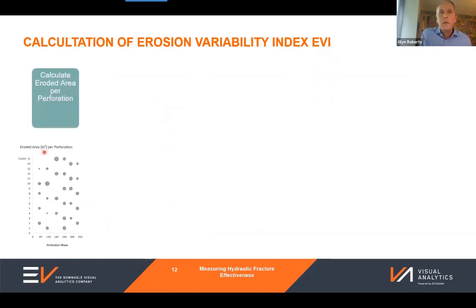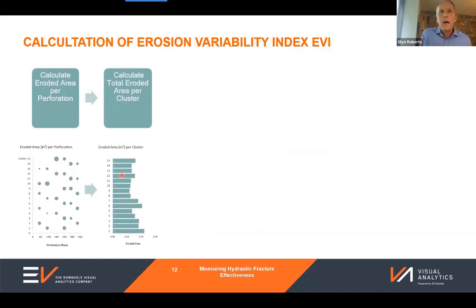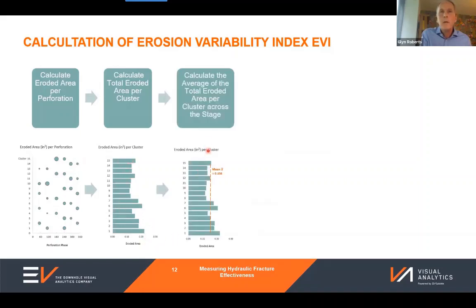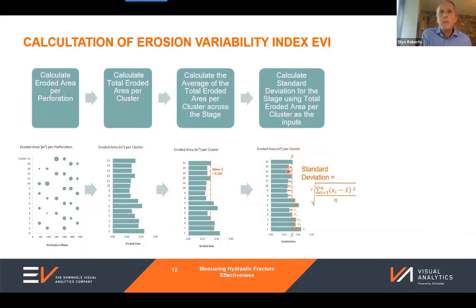So we calculate the eroded area per perforation, beginning with our images, and then simply sum those up to get the eroded area per cluster, calculate the mean of those cluster eroded areas, and then make our standard deviation calculation.